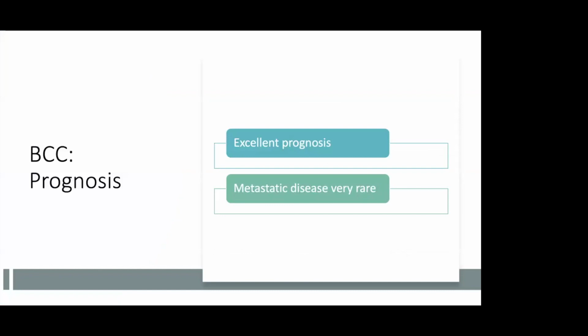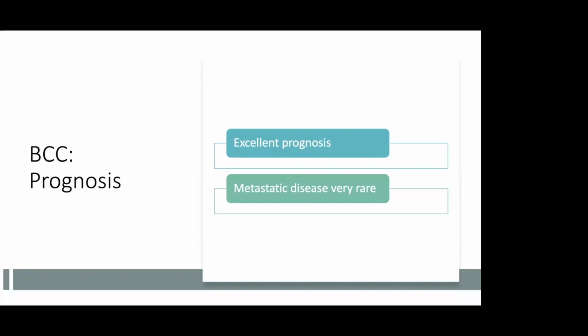So just to summarize what we have just discussed for basal cell carcinoma, these are the number one most common type of skin cancer. Typically, they grow slowly, present as pearly coloured lesions with rolled edges and central depressions, and are managed first line with surgery.